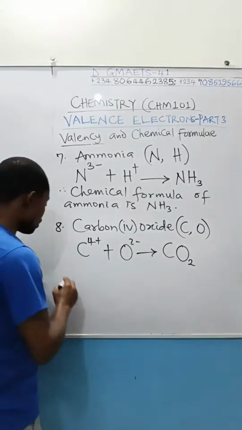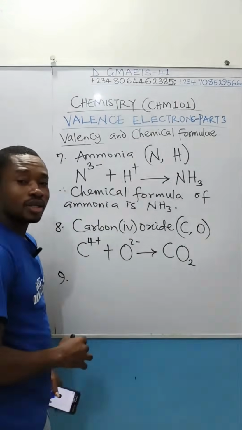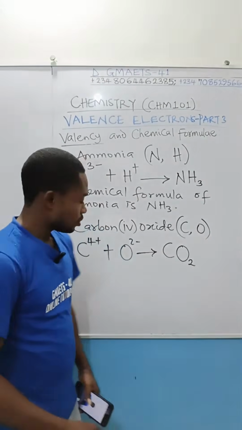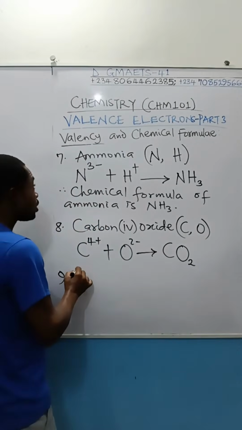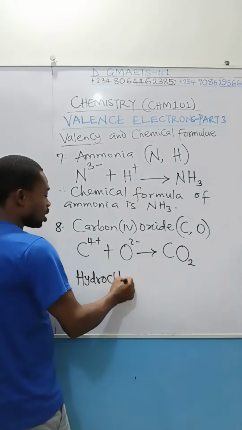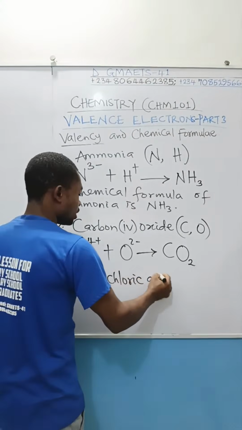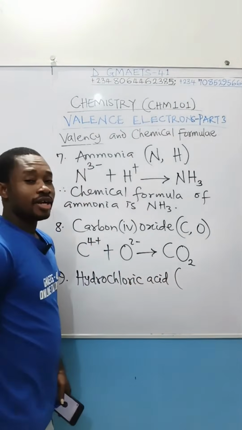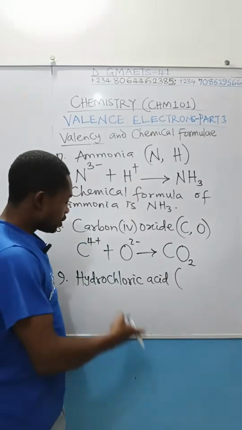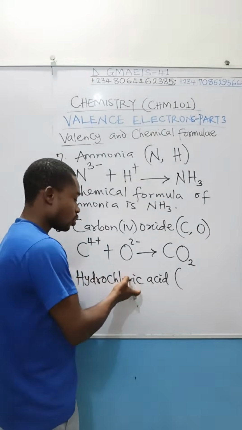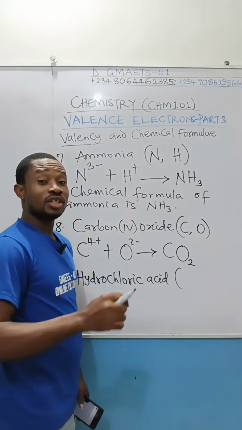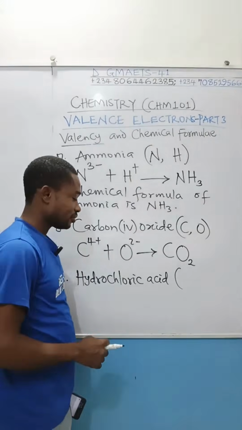Okay, should we write that of hydrogen chloride? Hydrogen chloride, which we call hydrochloric acid. Okay, let's write that. Hydrochloric acid. Now, anytime you hear acid in something, hydrogen must be there. Although you heard this as hydrochloric, you can also call it hydrogen chloride.